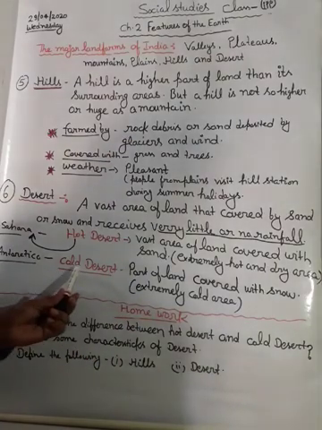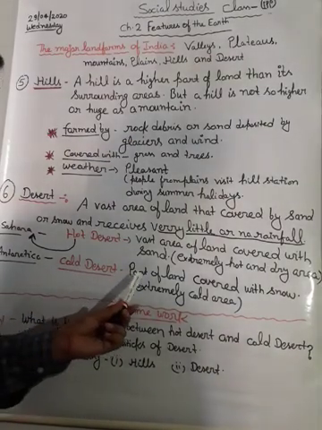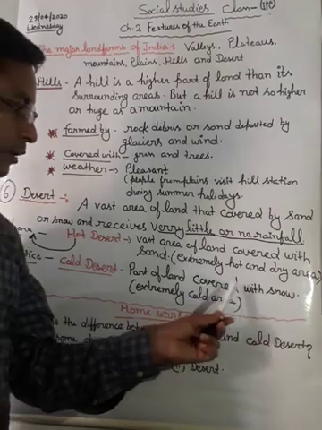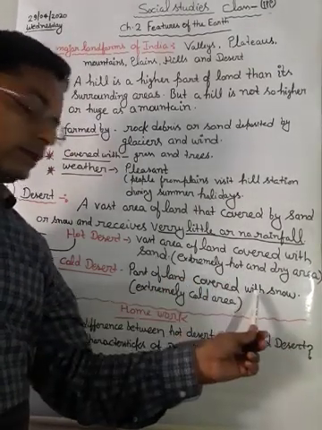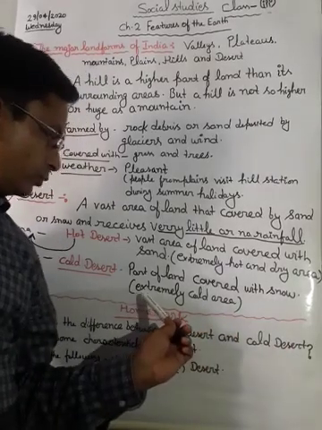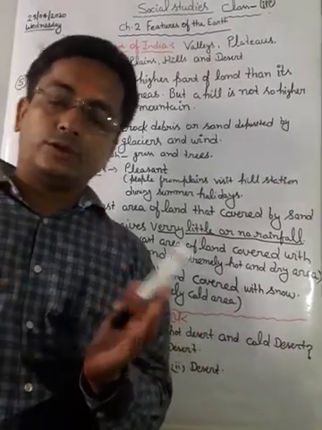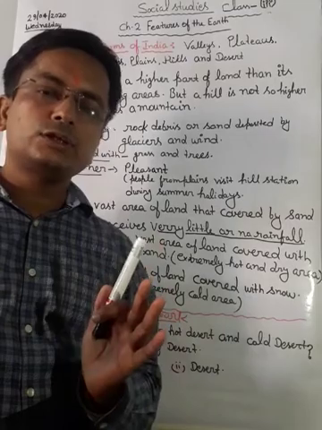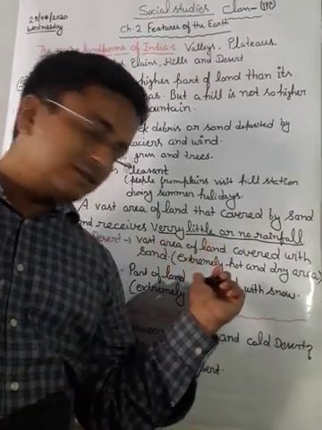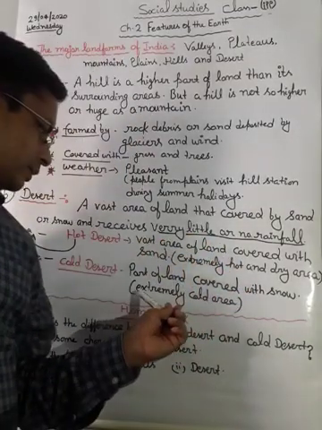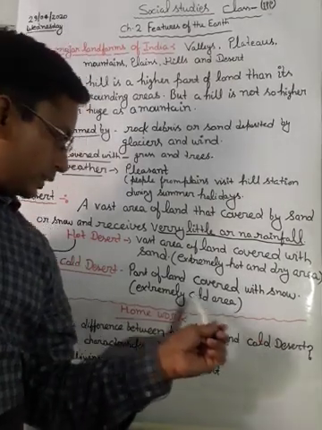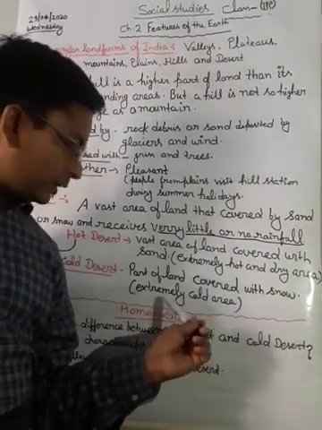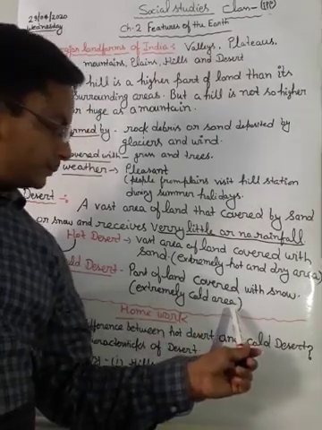And the next one is cold desert, a part of land covered with snow. It is covered with snow, not sand. And you can understand, if snow is found in this desert, it will be an extremely cold area.